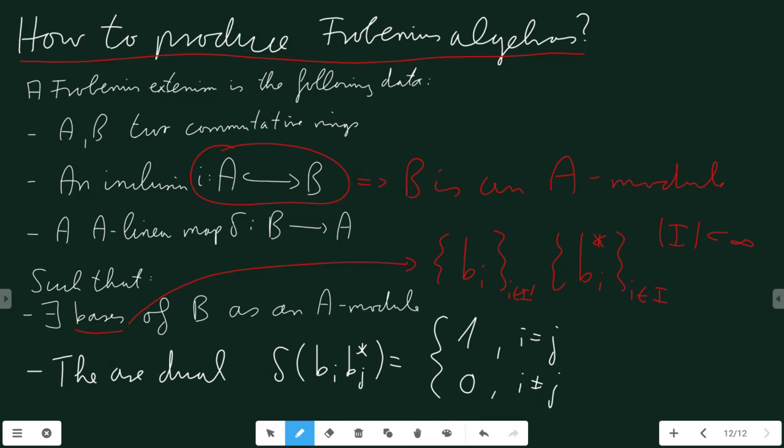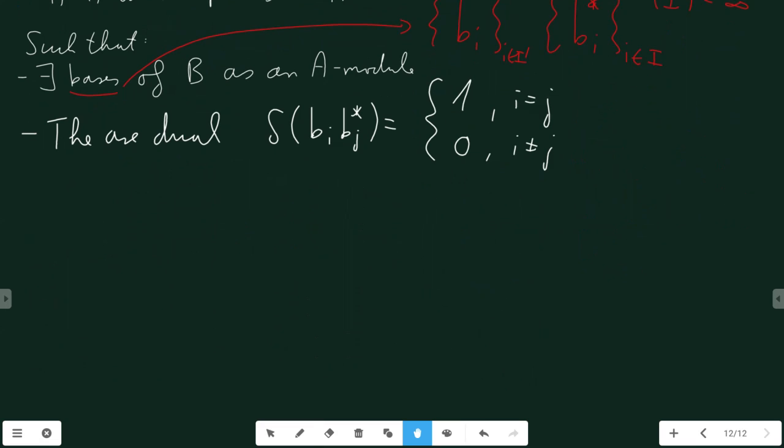Very good. And this is sometimes called a Frobenius trace. That's just the name. And the point is the following, which I will put underneath here. I really call it a lemma because it's not very hard to check.